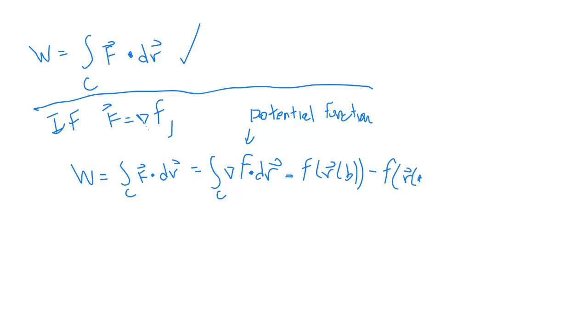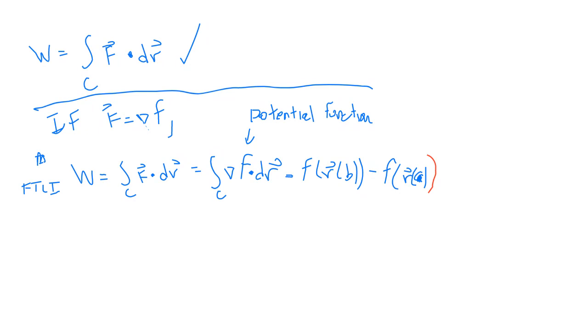In other words, we call this the FTLI, fundamental theorem of line integrals. The work can be computed by evaluating the function at the... I want to say this right.